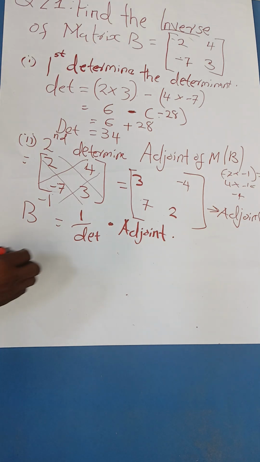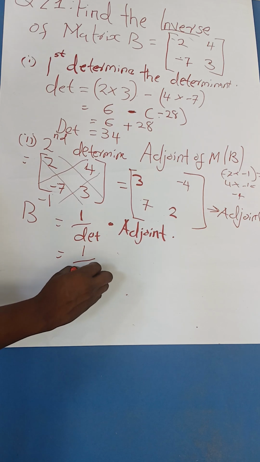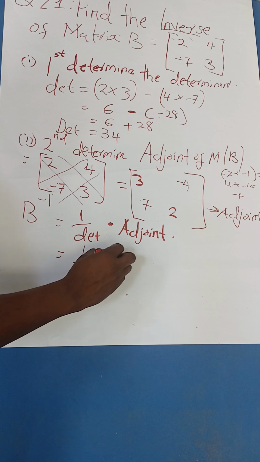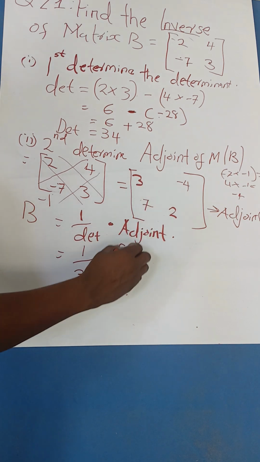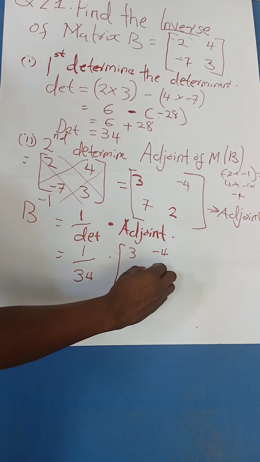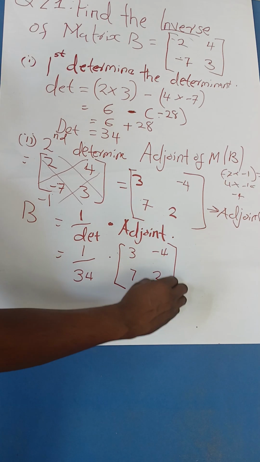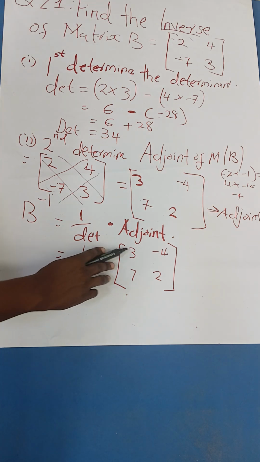Now, what is the determinant? The determinant was 34. So it will be 1 over 34. You multiply by the adjoint, which we have as 3, negative 4, 7, 2. Good. So I will go ahead and multiply 1 over 34 by 3.